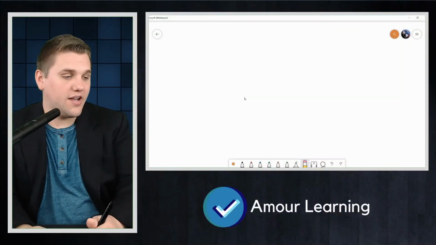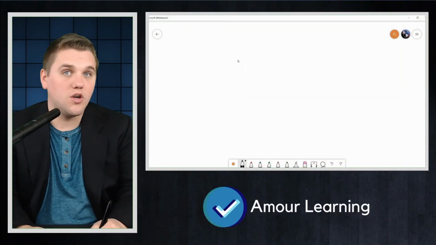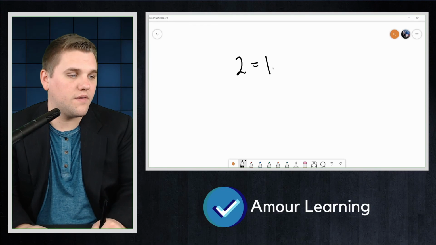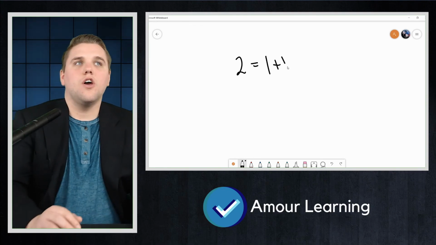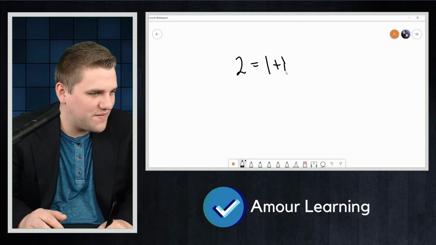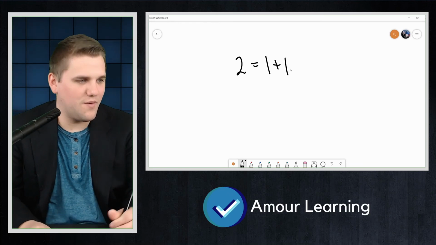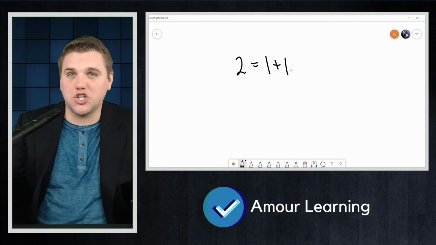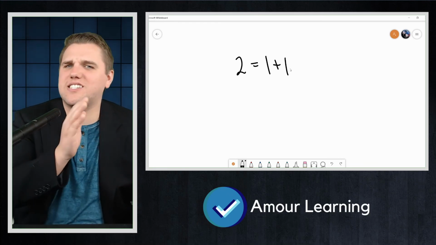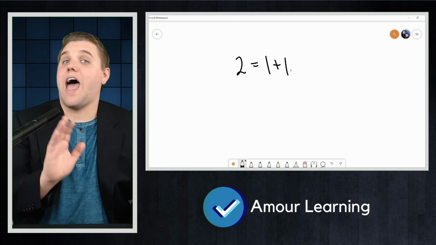For example, we might say that 2 equals 1 plus 1, which means that both 2 and 1 plus 1 are the same objects.